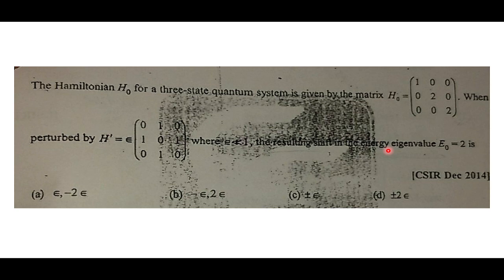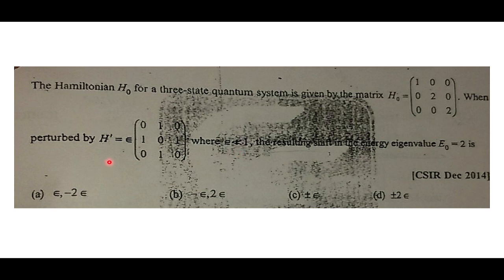The Hamiltonian H naught for a 3-state quantum system is given by the matrix H naught equals 1 0 0, 0 2 0, 0 0 2. So this is the primary Hamiltonian for the system, the unperturbed Hamiltonian, right? Now it is perturbed by the Hamiltonian H dash equals epsilon times 0 1 0, 1 0 1, 0 1 0, where epsilon is very much less than 1.